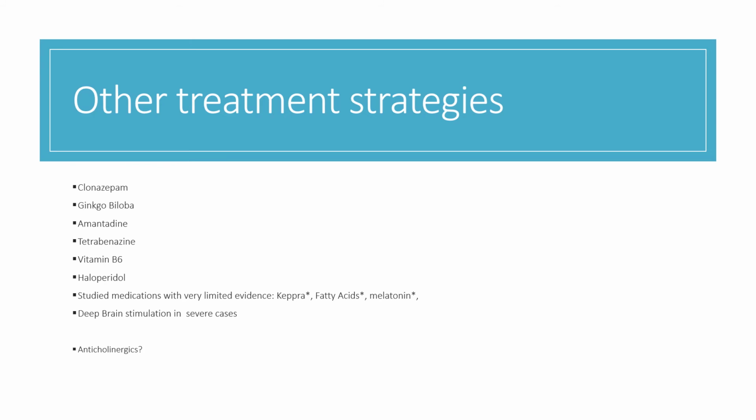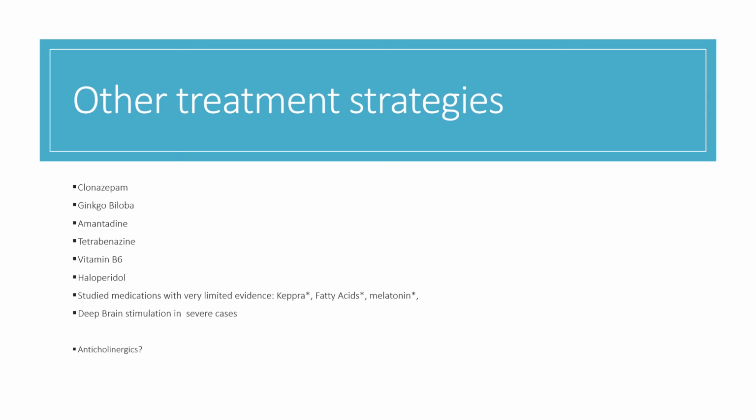The American Academy of Neurology actually does recommend clonazepam and ginkgo biloba with a weak recommendation for the treatment of TD. A couple other medications were looked at, including Keppra, fatty acids, and melatonin, and these were found not to have a very strong benefit. In very severe cases of TD that are treatment refractory, deep brain stimulation has been shown to have some benefit.